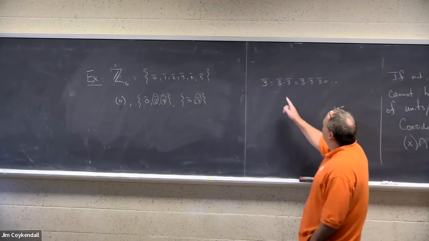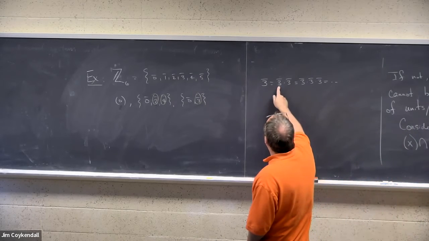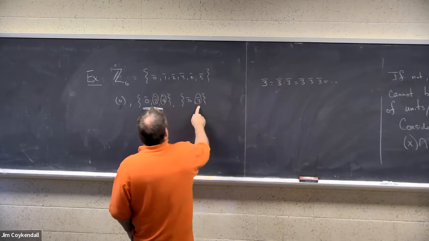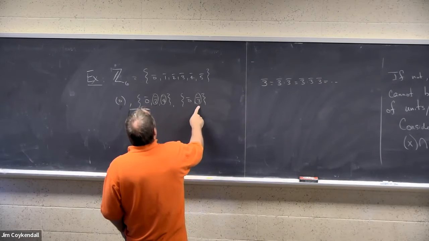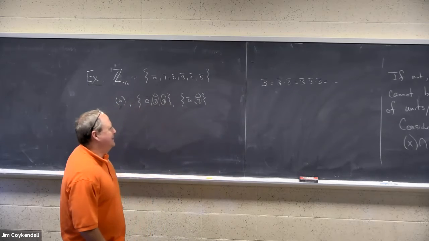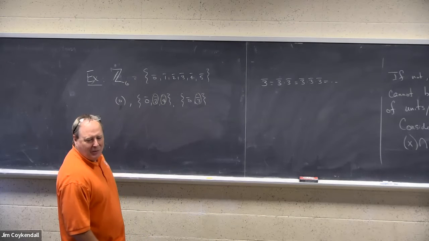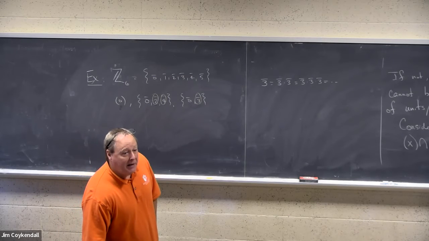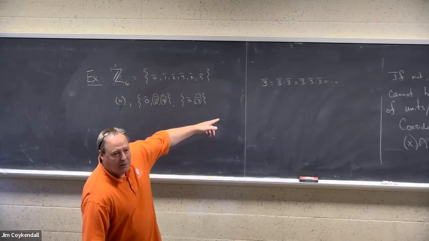So 3-bar generates this prime ideal, but it's not irreducible. Do y'all remember how earlier we said that in a domain, a non-zero prime element is irreducible? Here you see a problem.